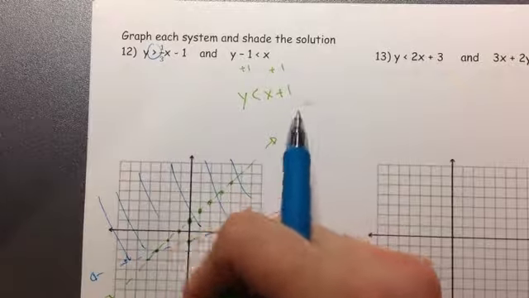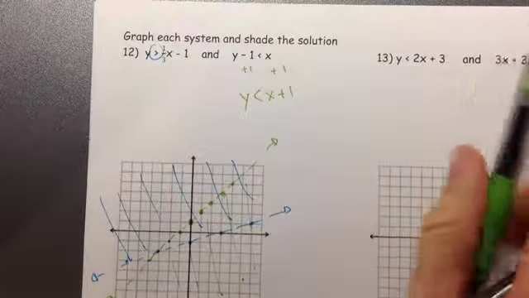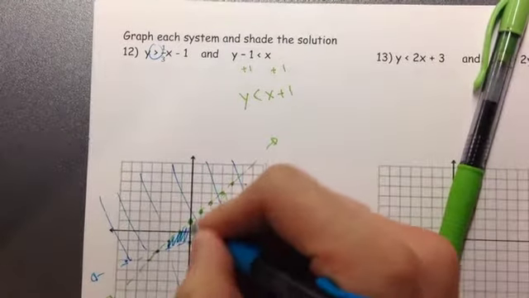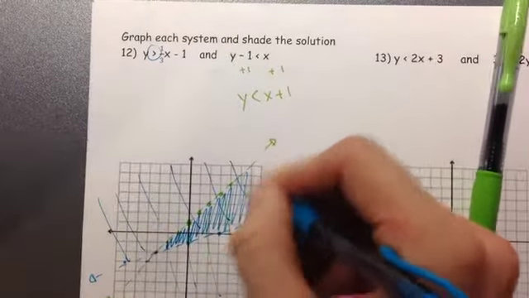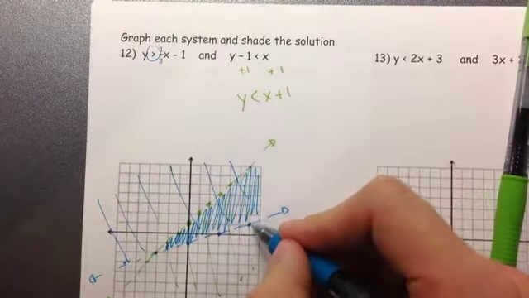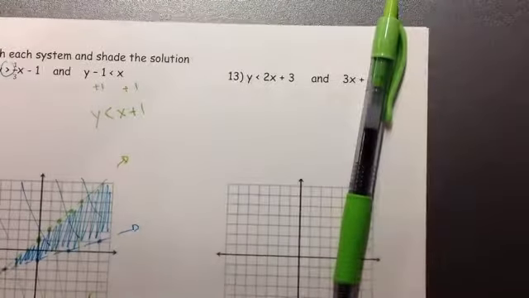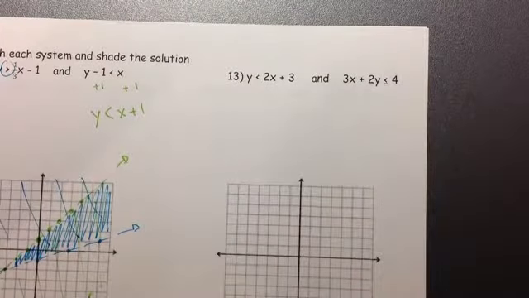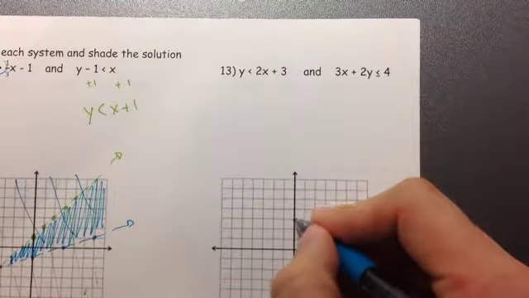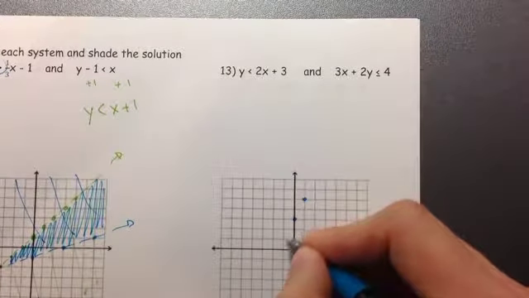And it would be shaded down here. Where those two shaded regions cross is your solution. This area of the graph is both greater than the first line and less than the second line. Therefore, solution.